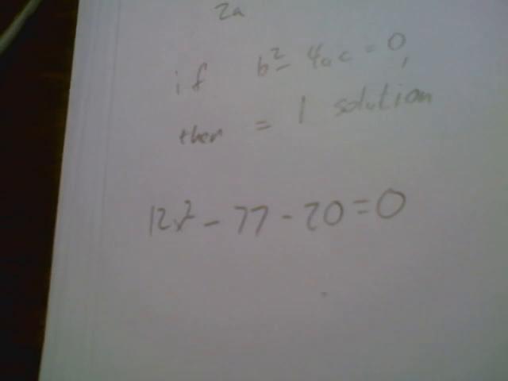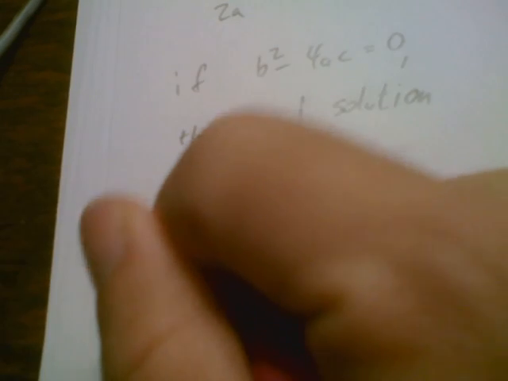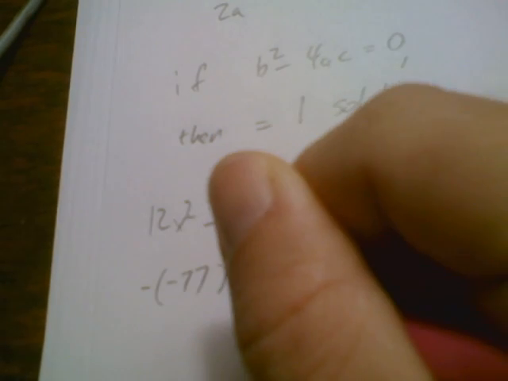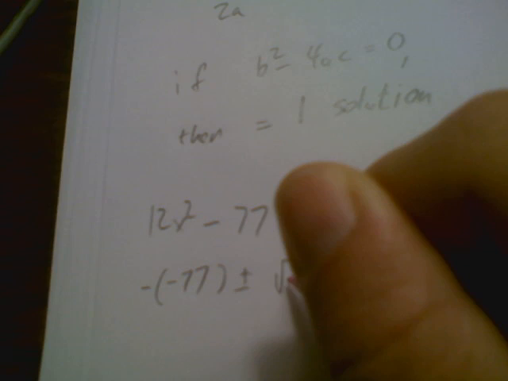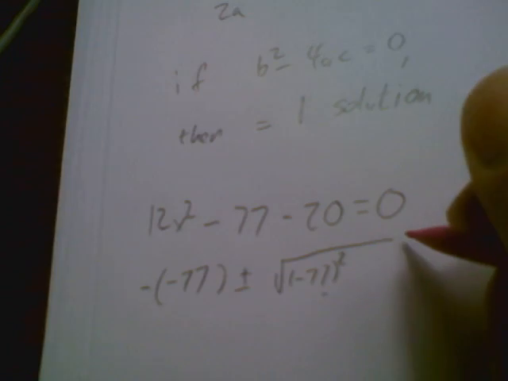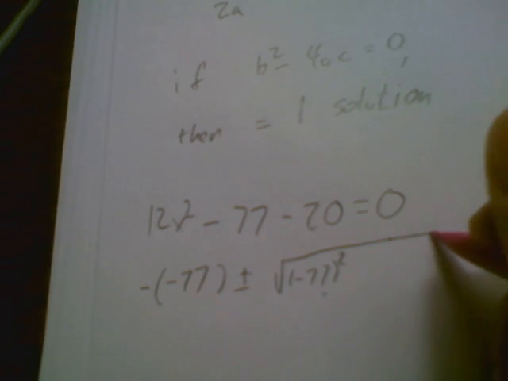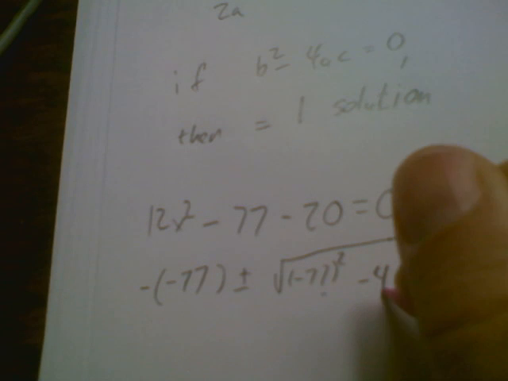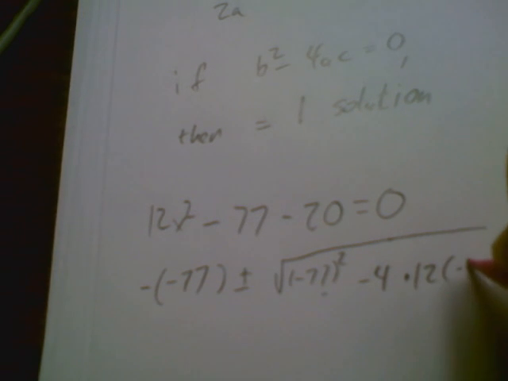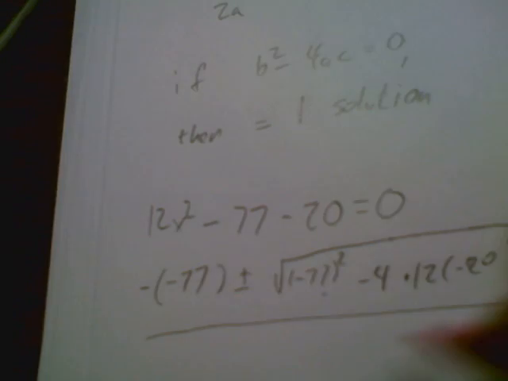So if it doesn't, you have to make it equal to 0 by adding or subtracting. So this just becomes negative negative 7 plus or minus the square root of negative 7 squared minus 4 times 12 times negative 20, everything over 2 times 12.